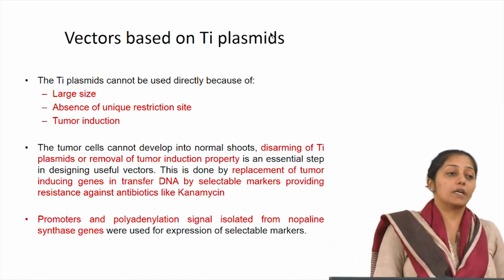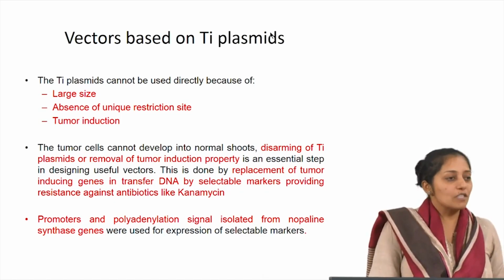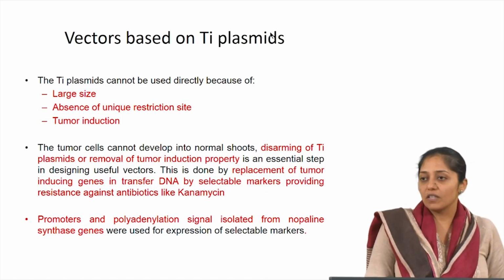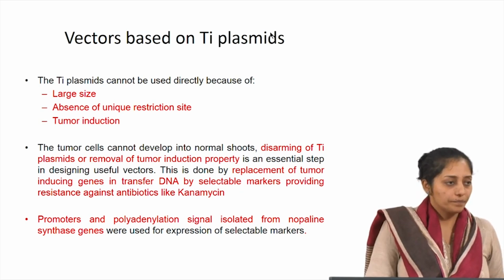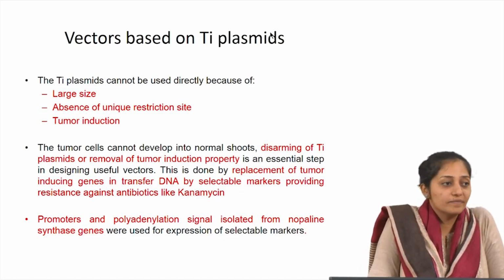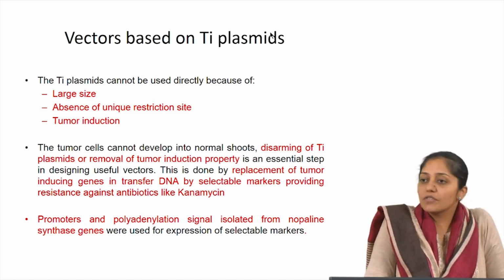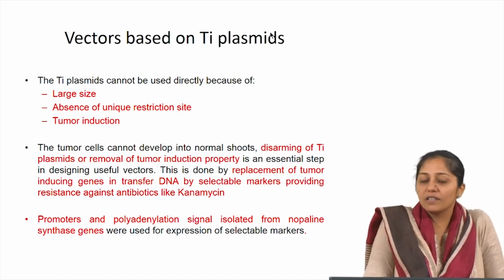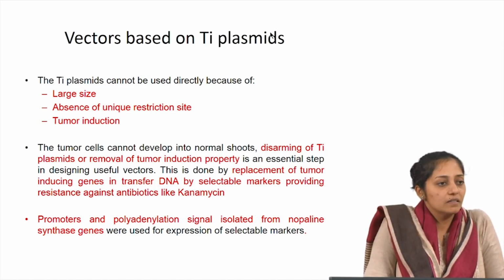Otherwise, why would you like to have unnecessary growth or neoplastic growth in the plant? If you are working with whole plants, then obviously you do not want neoplastic growth in the whole plant. But what if the purpose is secondary metabolite production using plant cell cultures?